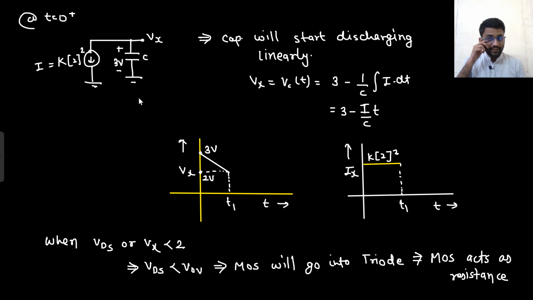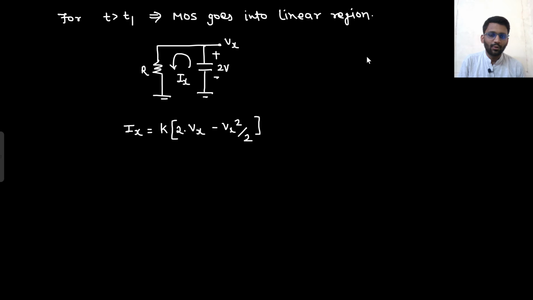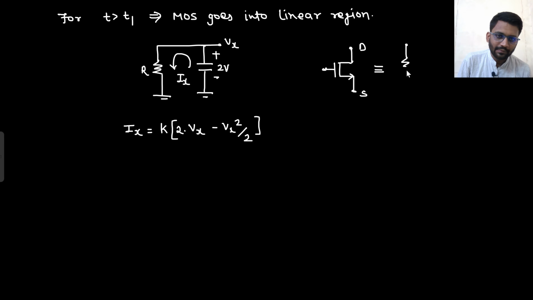We actually replace the MOS with a resistance in the linear region, between drain and source. Call it R1 or R, whatever it is, R. The MOS is replaced with the resistance, but there is an approximation. Do you remember that approximation?